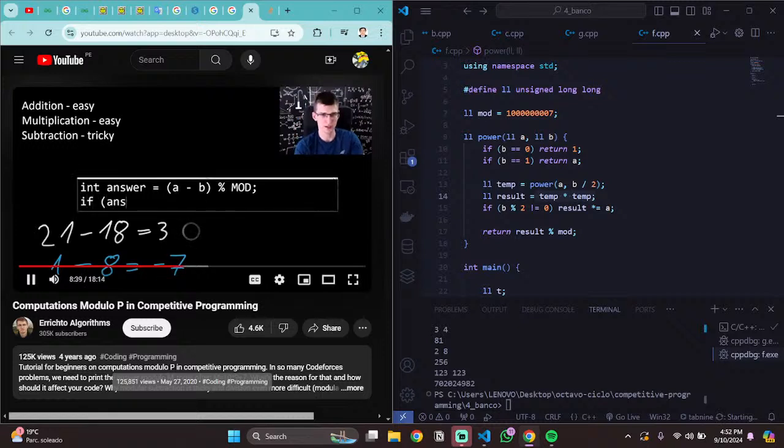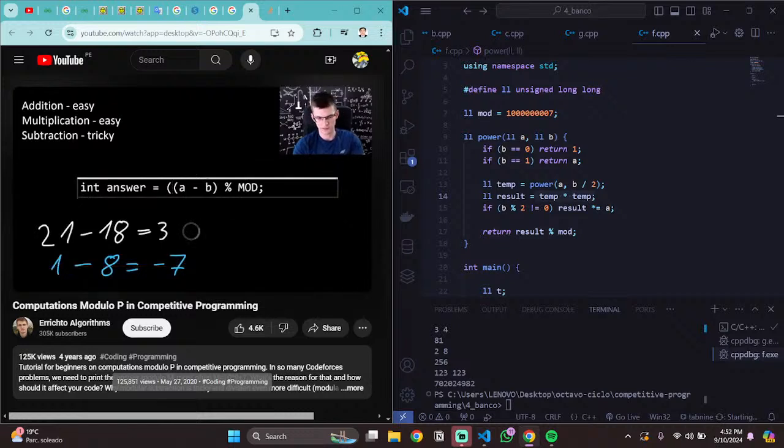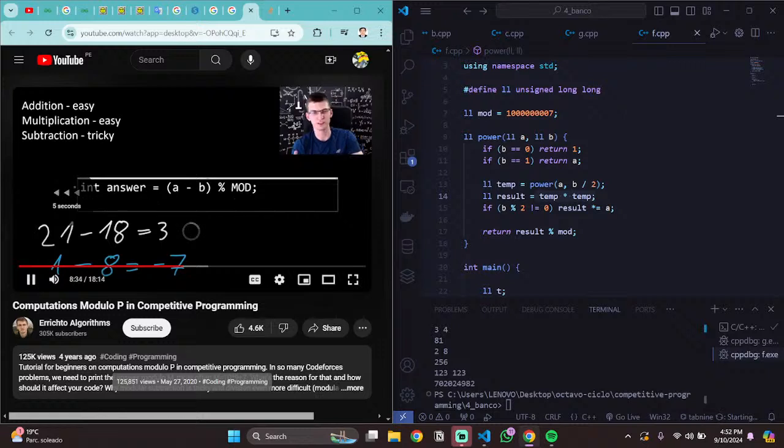But in extra line, or alternatively, take this mostly altered. And we get a non-negative value.